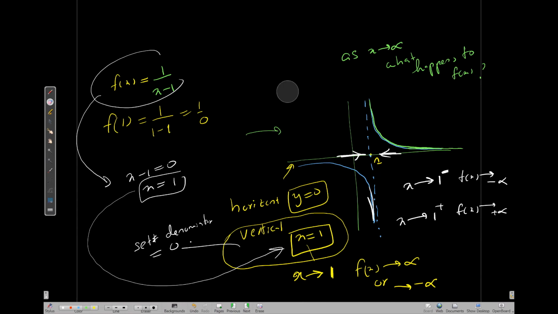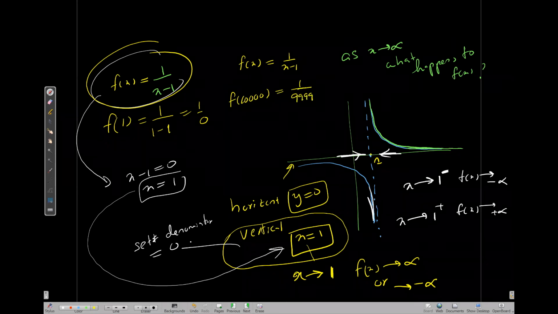Now, how do we algebraically check this one? Let me investigate with this example right here, where f of x is 1 over x minus 1. If I put in f of 10,000, what's going to happen is 1 over 10,000 minus 1, which is 1 over 9,999. See, this value is very close to 0.